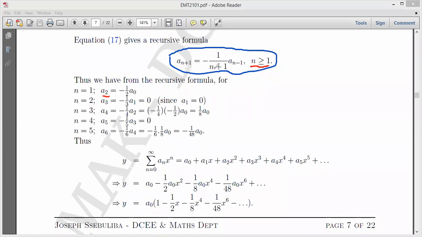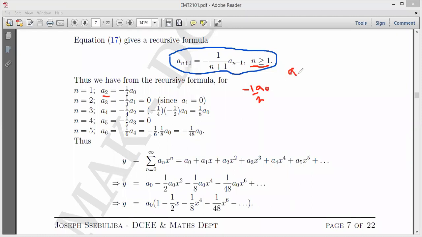Now what about this one? If n is 1, you'll get minus a half. Remember the n is 1 here. So that is minus a half. And what is this n? This n is 1, so 1 minus 1 will give you a naught.